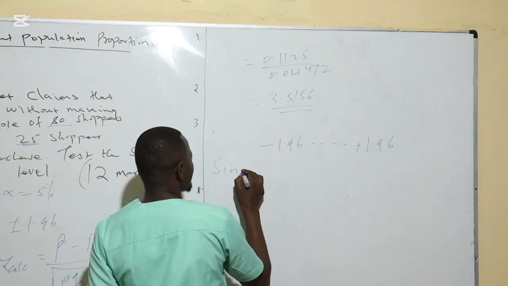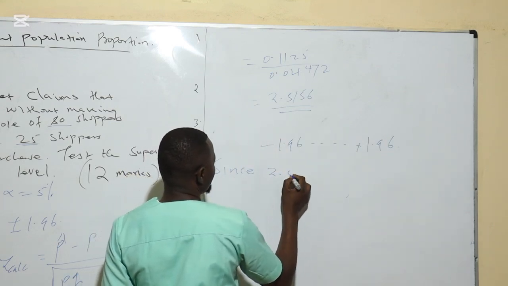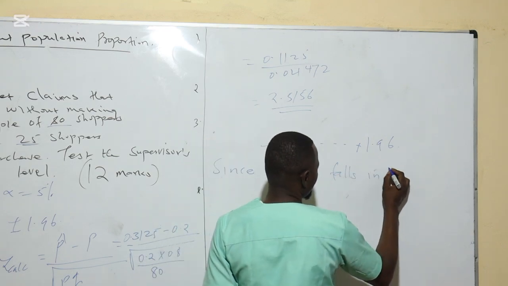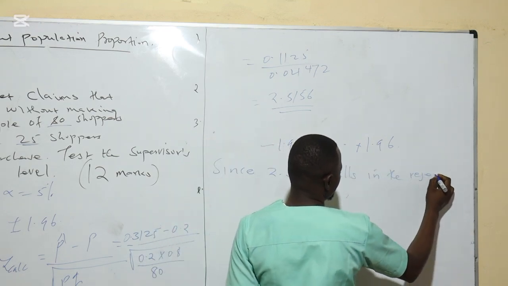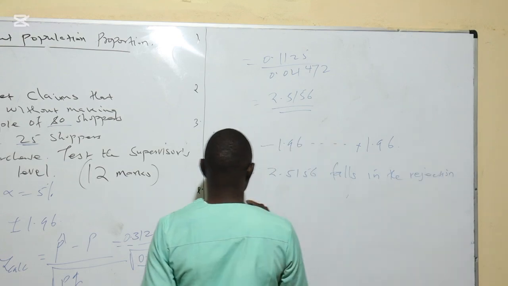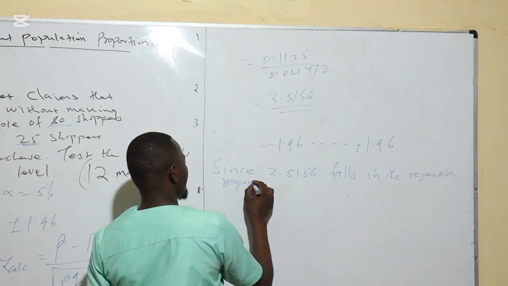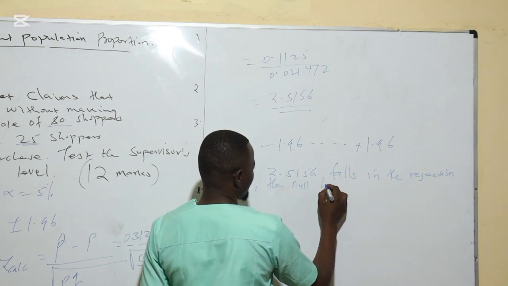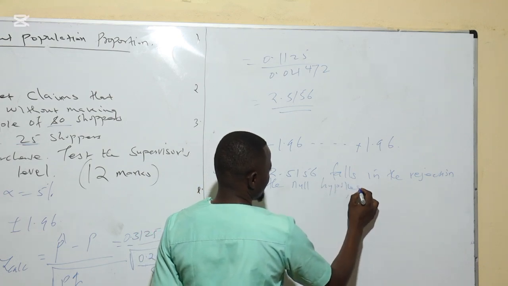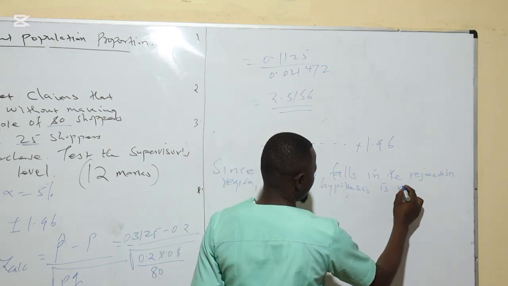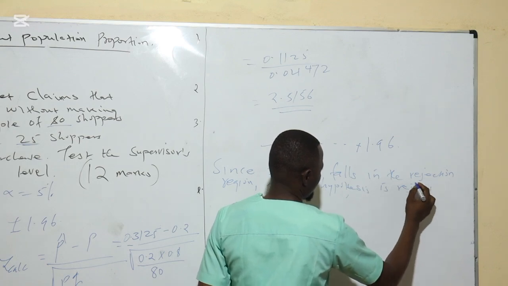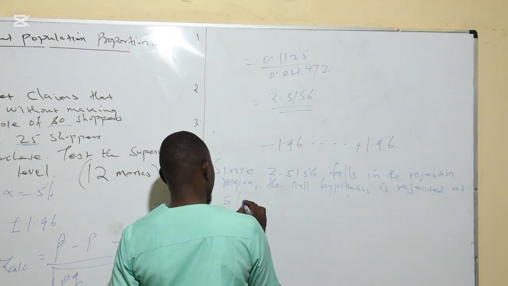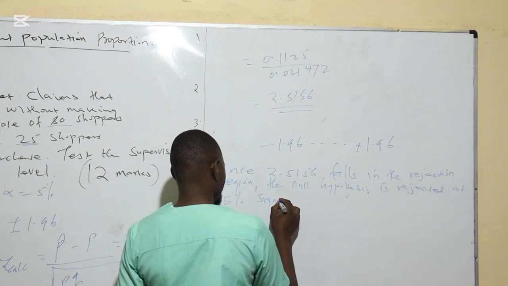So since 2.5156 falls in the rejection region, the null hypothesis is rejected at 5% significance level.